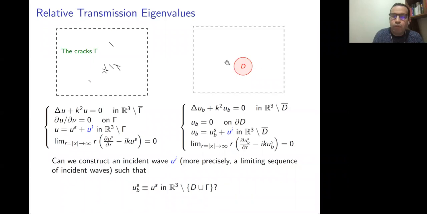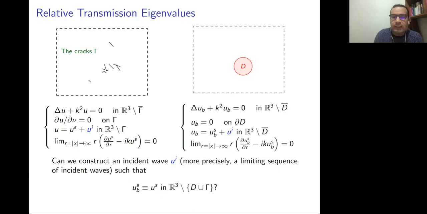I just take some domain D, which I choose to be a circle for simplicity, and I take the same scattering problem for the same incident wave, but for the case where D is a Dirichlet obstacle plugged into the homogeneous media. Now I can rephrase the question I asked for transmission eigenvalues in this case, by trying to find an incident wave, using some limiting process, for which the scattered wave of this configuration will coincide with the scattered wave of that configuration.